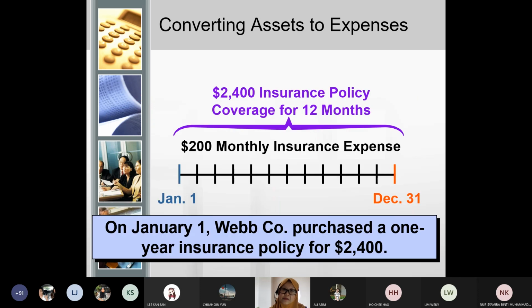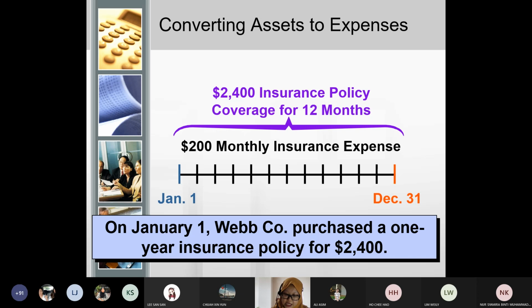Okay, for example, insurance. On the 1st January, the company purchased a 1-year insurance policy and paid 2,400 in advance. The amount was charged to unexpired insurance, which is what we call an asset account.